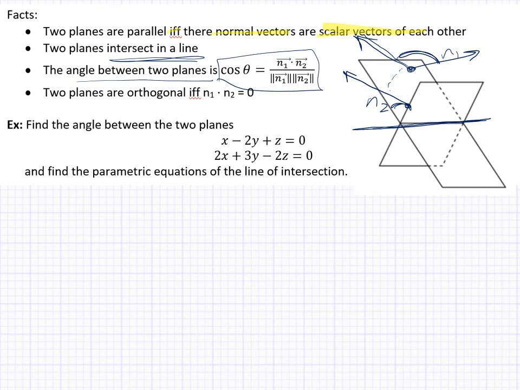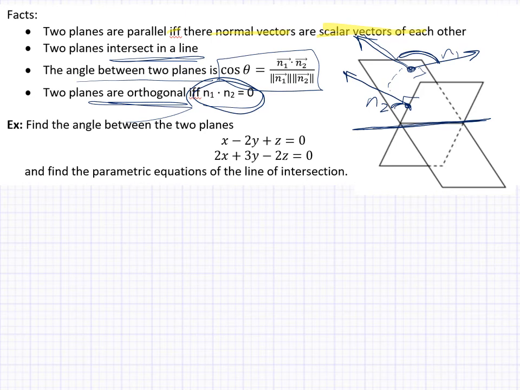My picture's not great because I don't really have 90 degrees on each one, but nonetheless, that's the idea. And if the normal vectors' dot product is 0, then those two planes meet at a 90-degree angle. So the two planes are orthogonal to one another.